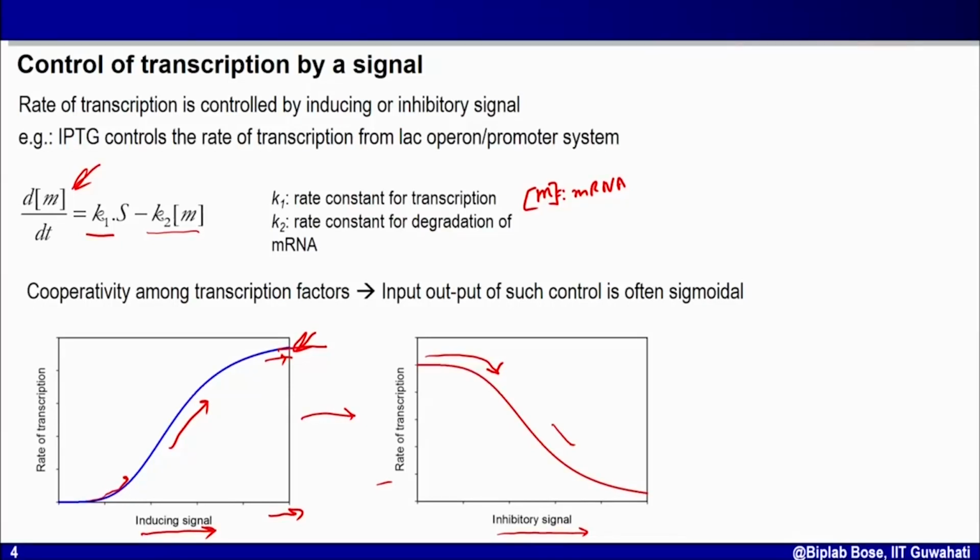Now, that means if I have a system where transcription rate has a sigmoidal relation with input signal, I cannot use this simple linear relationship of K1 into S. So how can I modify this equation to reflect the sigmoidal behavior that people are observing in experiments?